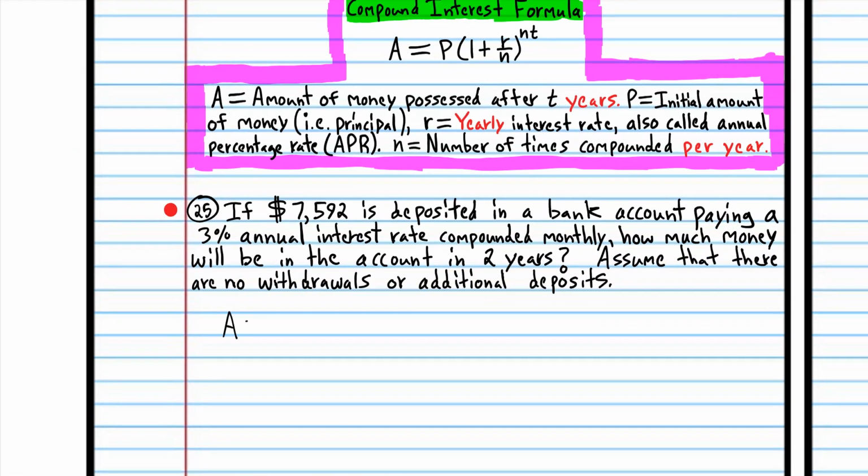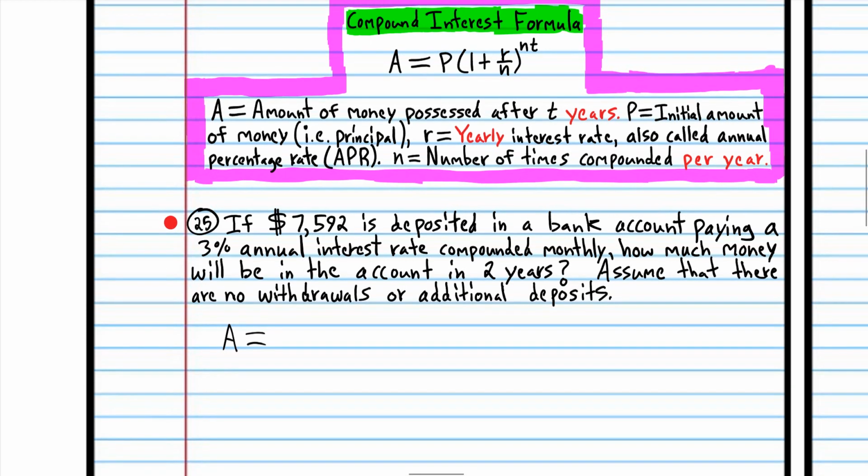So A is the number we're looking for. That's the amount of money in the account. If you deposit a certain amount of money, P, and the interest rate is some R value that's written in decimal form, and you're compounding n times per year for a certain amount of time, t, in years.